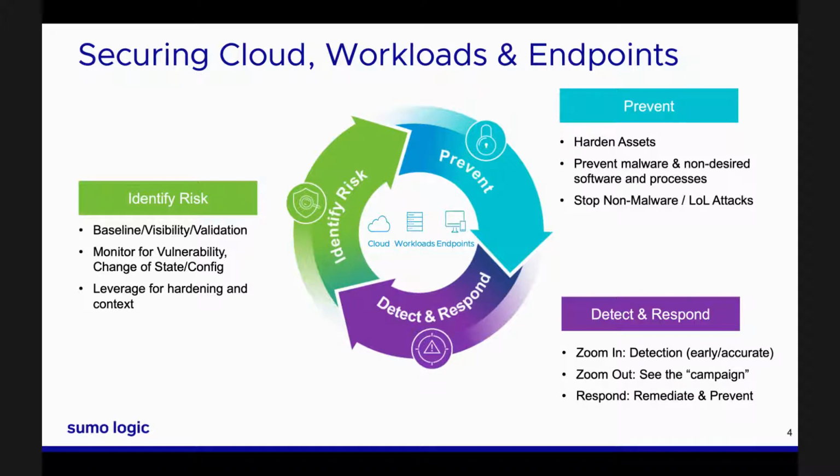We can do what's called a live response down to the endpoint, where we can look at what's going on on that endpoint in real time and either delete a file, kill a process, grab mem dumps, things along those lines. And through this cycle of identifying risk, preventing, and detecting and responding, we are able to harden that system.